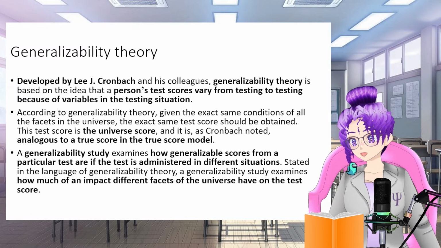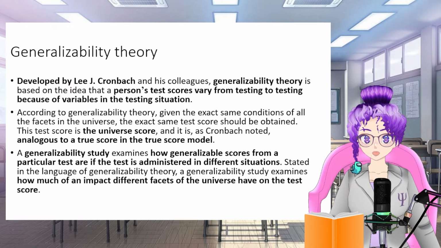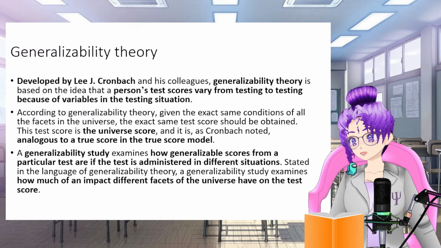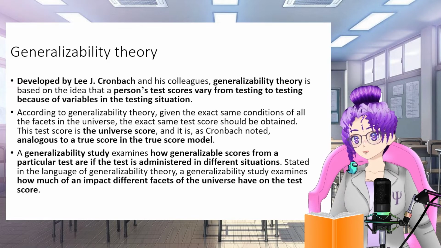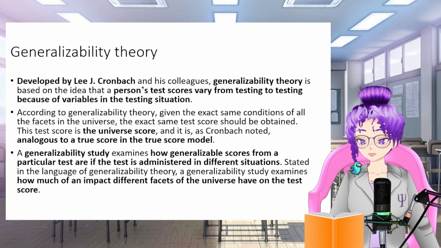A generalizability study examines how generalizable scores are from a particular test if the test is administered in different situations. Stated in the language of generalizability theory, a generalizability study examines how much of an impact different facets of the universe have on the test score.